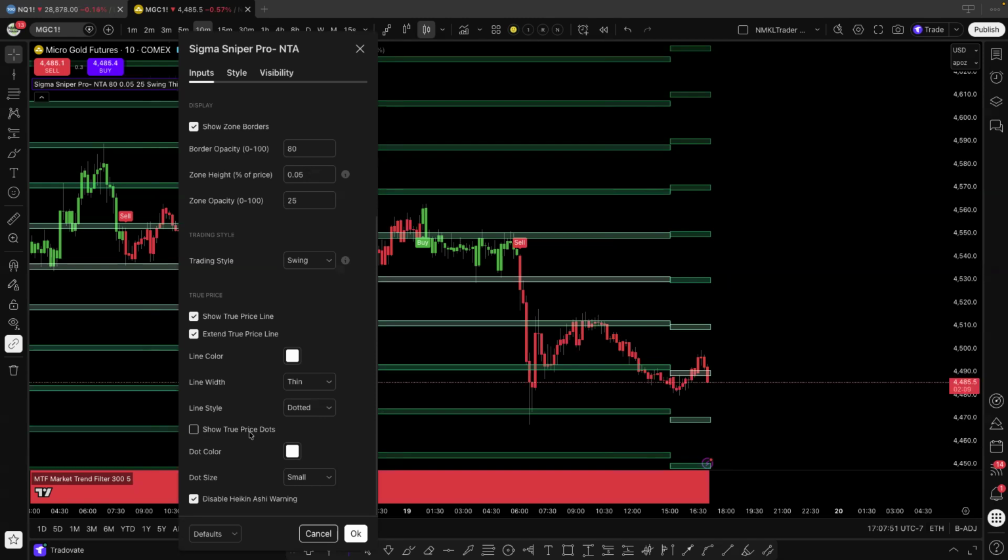You don't have to do it for regular candles. Right now, I'm just using regular candles on my chart. Totally up to you. And for dot price, whatever color you want to select. You can go small, large, or big, depending on what you want to do with it. And I recommend using the price dots when you're trading Heikin Ashis.